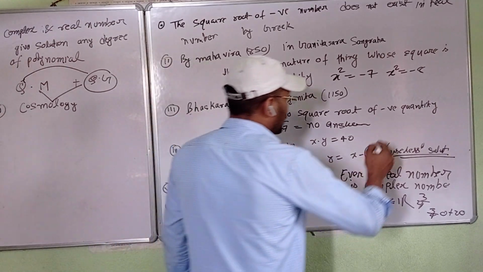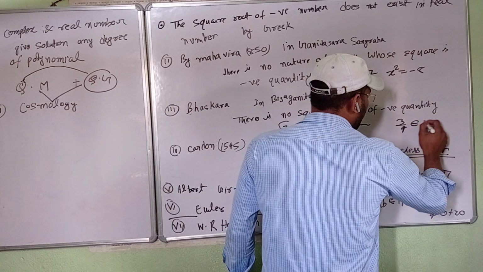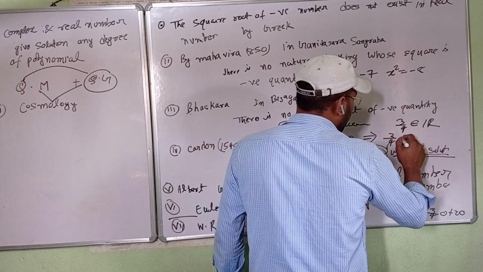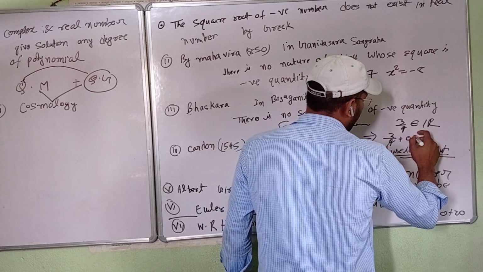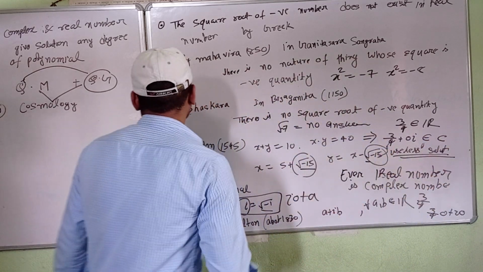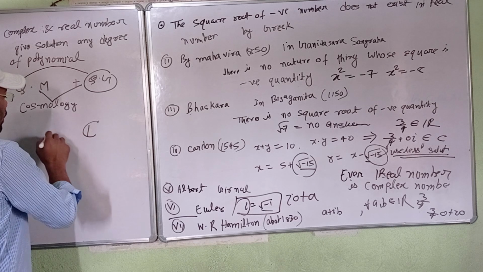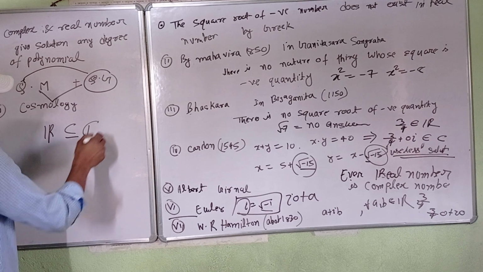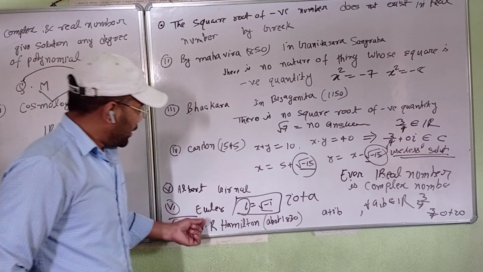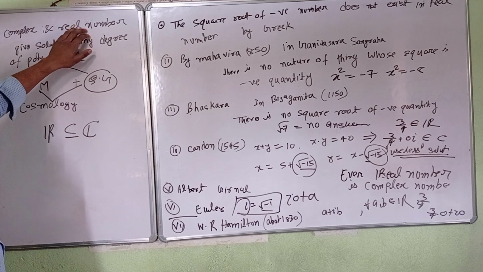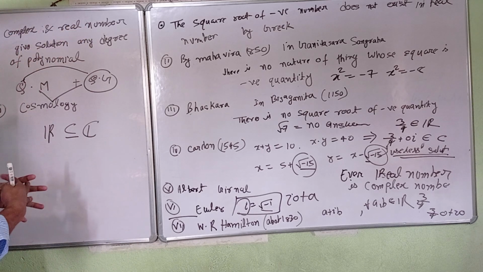For example, if you have 3 by 4, it's a real number, no doubt, but you can easily write this number in imaginary form: 3 by 4 plus 0i, and this is also a complex number. So the real numbers are a subset of the complex numbers.